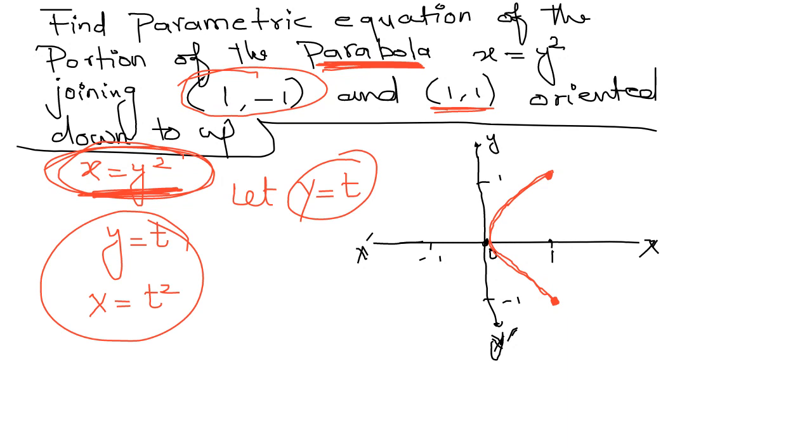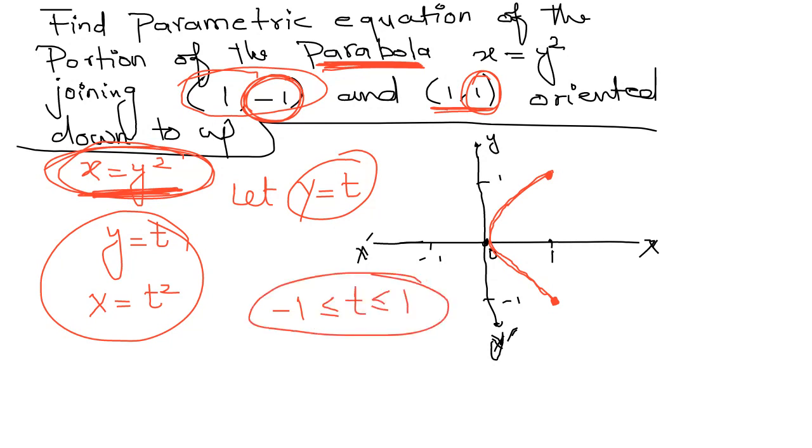Before, y is minus 1 and then y is 1. So what is the limit for t? Between 1 and minus 1. So this is the parametric equation. Again, whenever you have any equation, you have to choose the independent variable equal to t. In this case, the independent variable is y, so I choose y is equal to t.